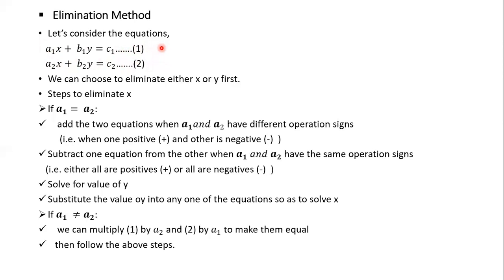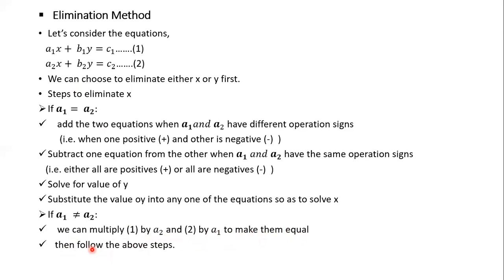When you do this, you make a1 equal to a2. So you can also try that step. Then after that, you follow the steps to check if a1 equals a2. If a1 and a2 have the same sign, then we subtract.